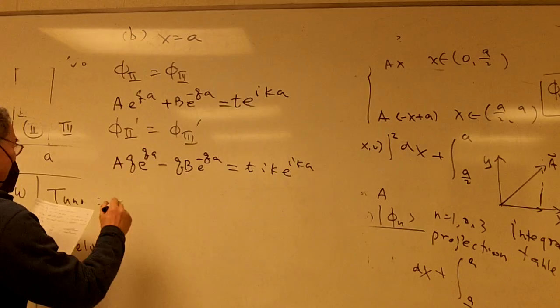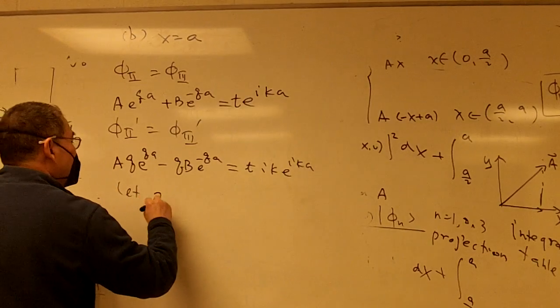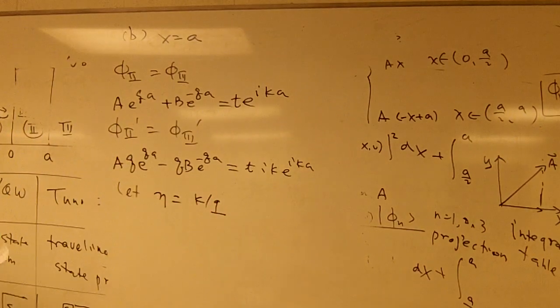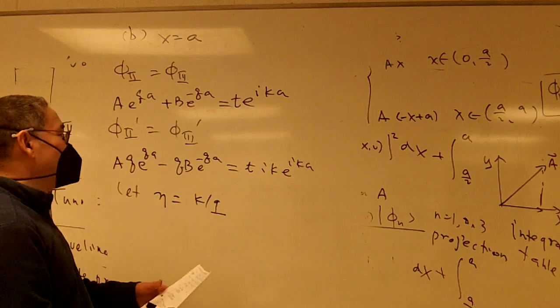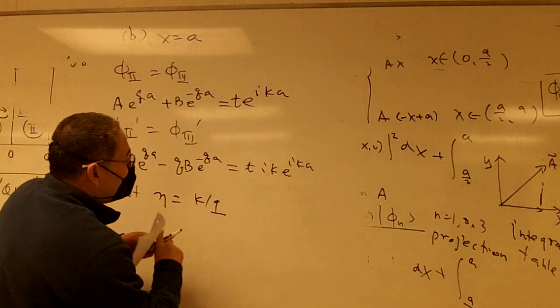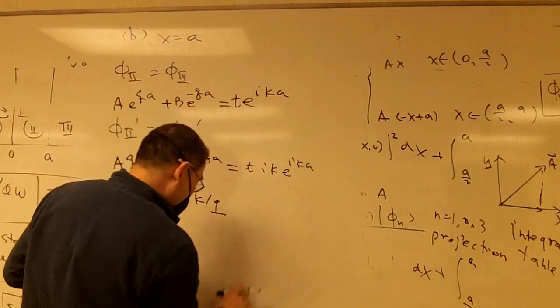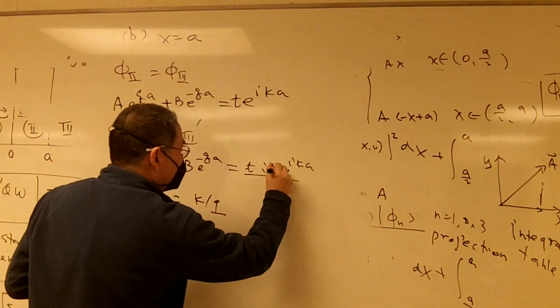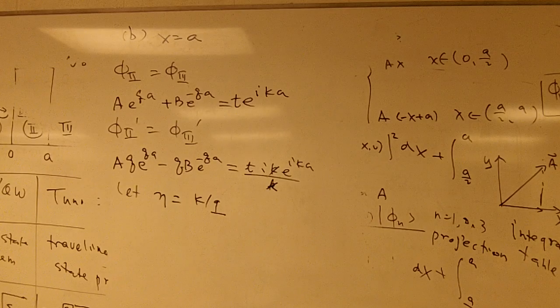Now what we do next, we will let eta equal k over q. The main reason we do that is because if both sides are divided by k, this k cancels out, so there are no more k's.